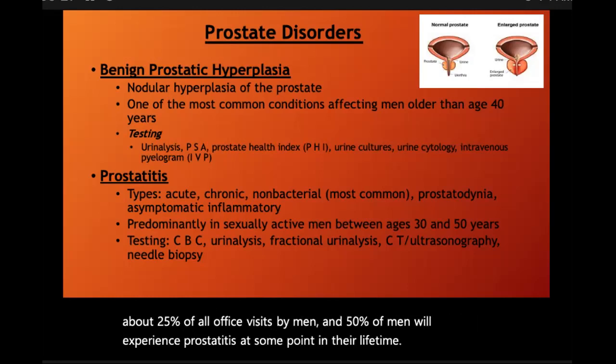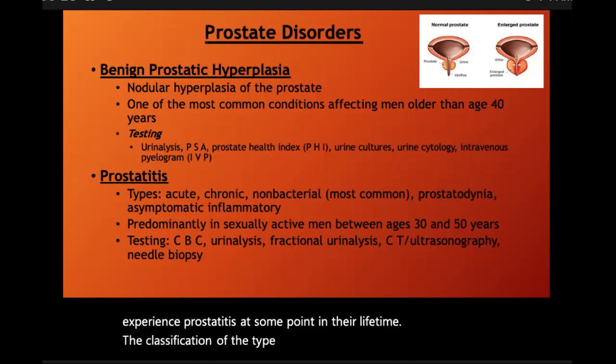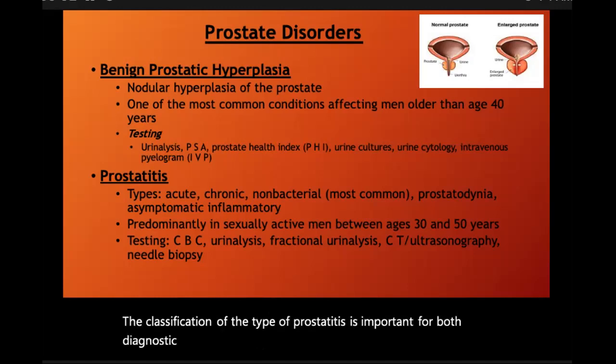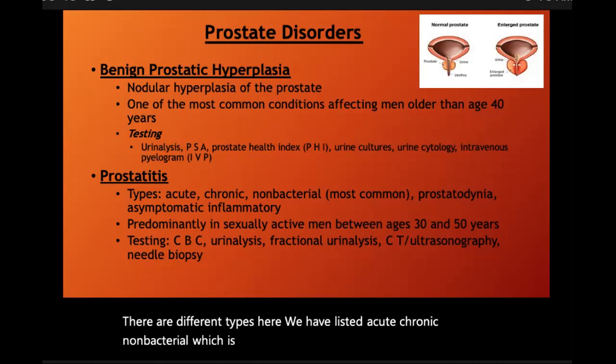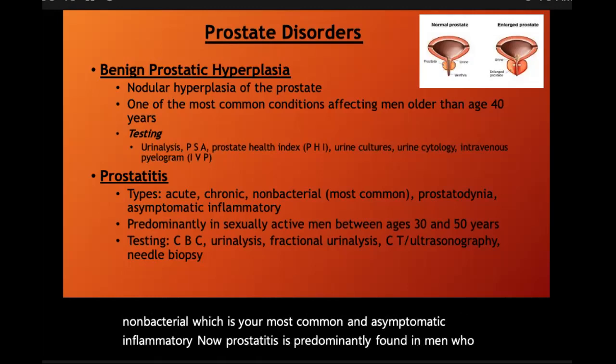The classification of the type of prostatitis is important for both diagnostic and treatment purposes, so just be very conscious of that. There are different types. Here we have listed acute, chronic non-bacterial, which is your most common, and asymptomatic inflammatory. Prostatitis is predominantly found in men who are sexually active between the ages of 30 to 50.